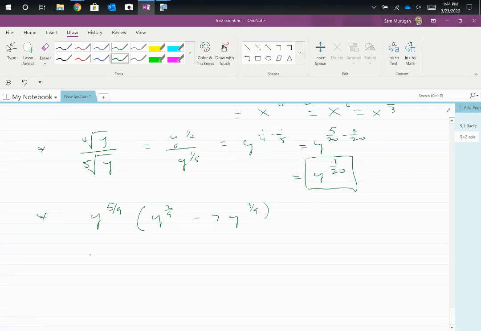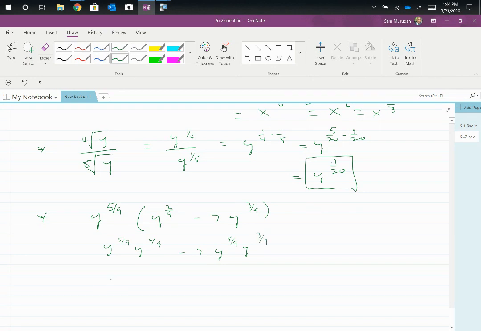So you would distribute y to the power 5 over 9. That would give y to the power 5 over 9, y to the power 2 over 9, minus 7y to the power 5 over 9, y to the power 3 over 9.